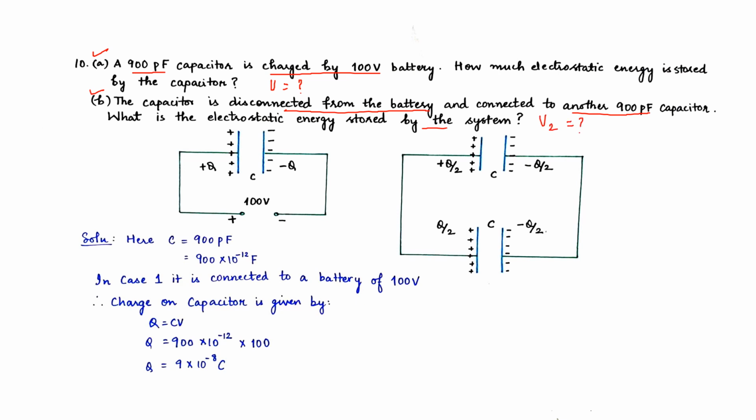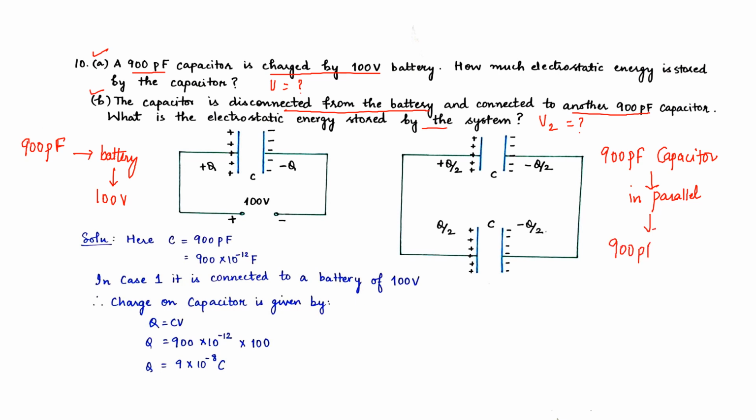In the first case, we got a 900 picofarad capacitor and that is connected with a battery, and the voltage provided by that battery is 100 volts. In second case, this 900 picofarad capacitor is connected in parallel with another 900 picofarad capacitor.